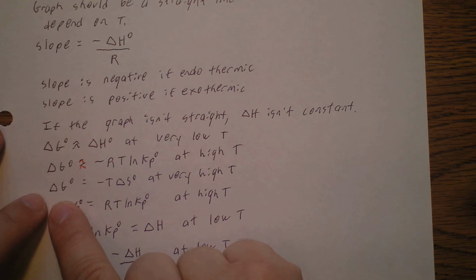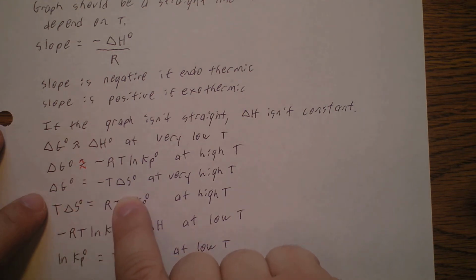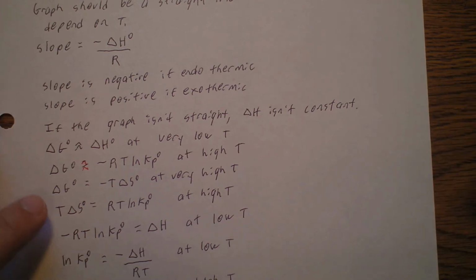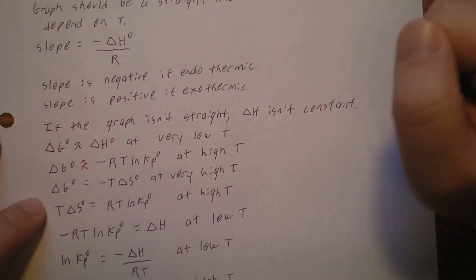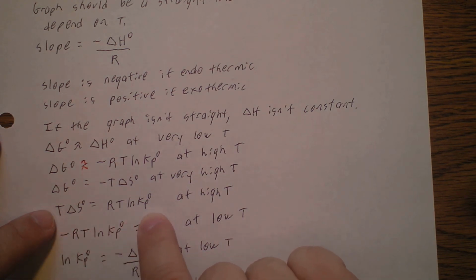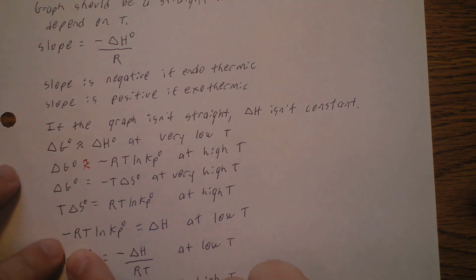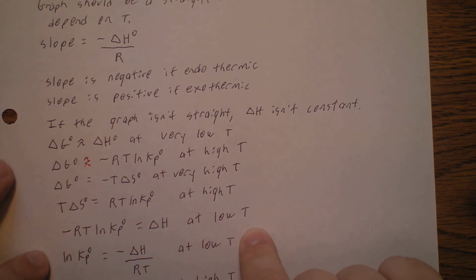Okay, but also delta G naught is equal to minus T delta S naught at very high temperature. So setting these two equal to each other, obviously we're assuming high temperature now, we get T delta S naught is equal to RT natural log of Kp naught. Now, we already showed before, minus RT natural log of Kp naught is equal to delta H at low temperature.